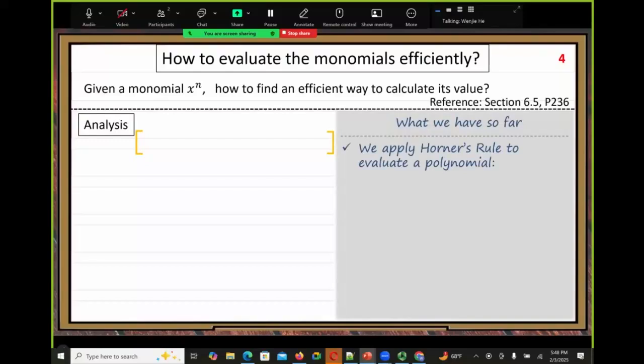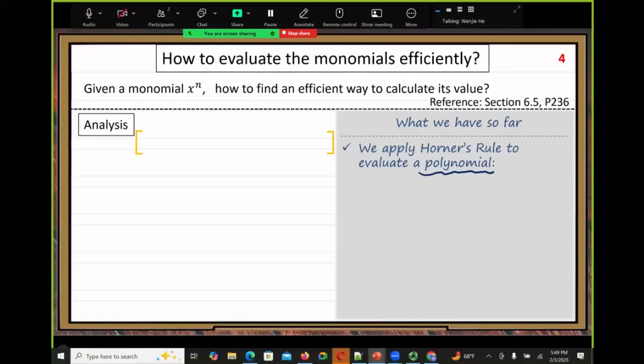Remember, Horner's rule is applied on polynomials. It's not for a monomial. If you apply Horner's rule on a monomial, you may not get an efficient solution.